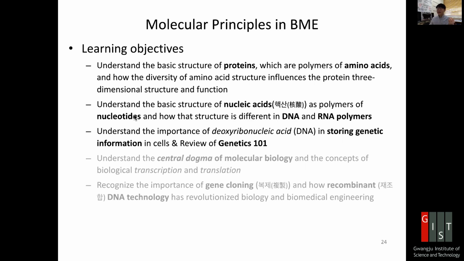The structure of DNA directly leads to its function, which is storing genetic information. That leads to our better understanding of genetics at the molecular level, which we now call genomics, because we now have information on the whole genome. Next time we will get into more detail. Thank you for your attention.